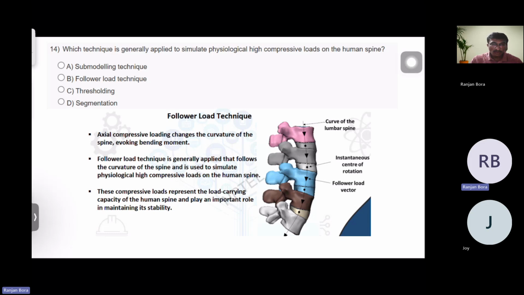Here you can see in the follower load technique, axial compressive loading changes the curvature of the spine, evoking bending moment. Follower load technique is generally applied that follows the curvature of the spine and is used to simulate physiological high compressive loads on the human spine. And these compressive loads represent the load carrying capacity of the human spine and play an important role in maintaining its stability. So option B is correct.